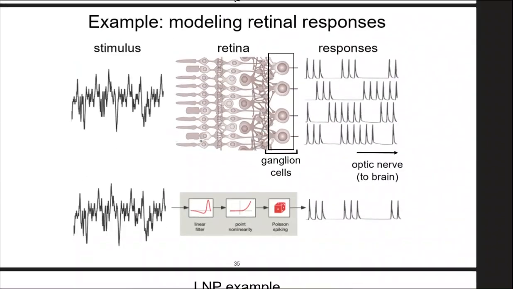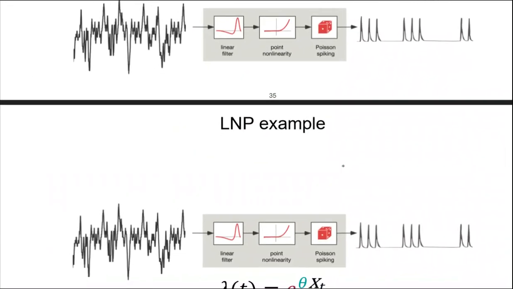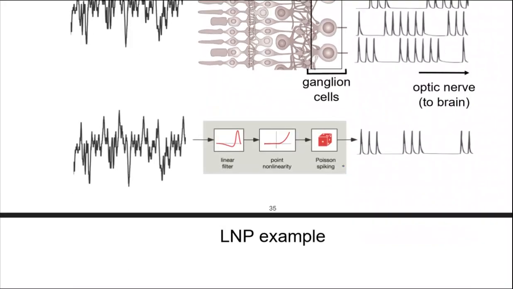So going back to our biology: stimulus, retina, which is comparable to the LNP, and the responses. The linear filter is actually a representative of the receptive field.